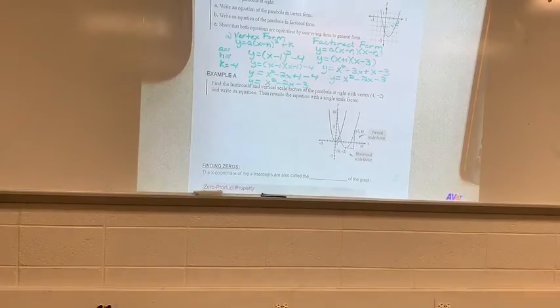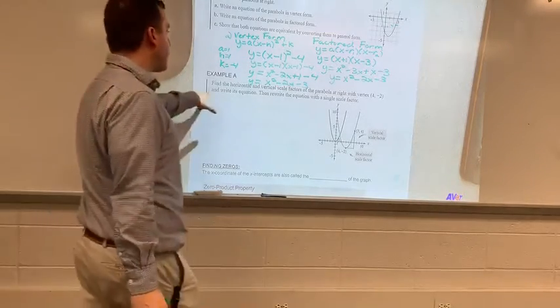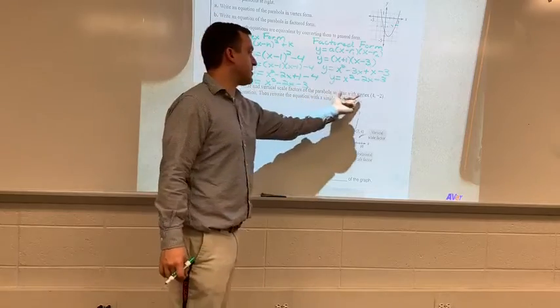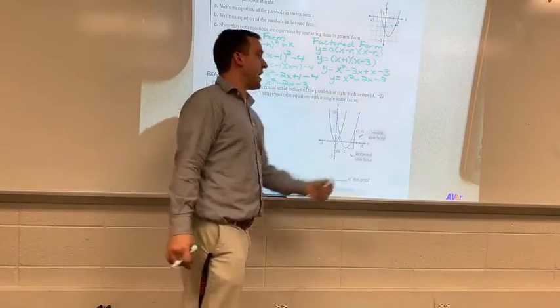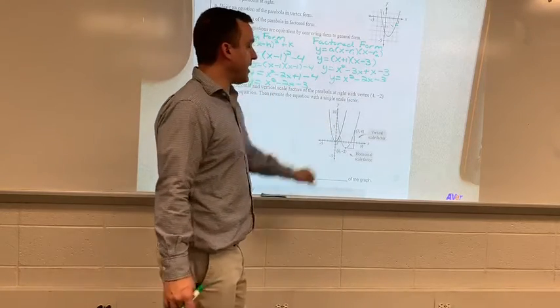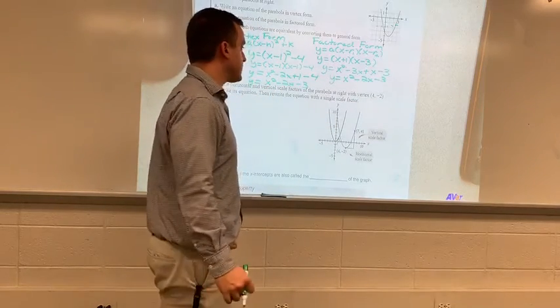In looking at example A, we have to find the horizontal and vertical scale factors at the right with vertex 4 and negative 2, and rewrite it with a single scale factor.